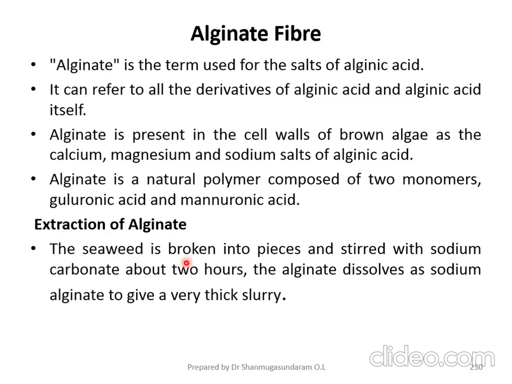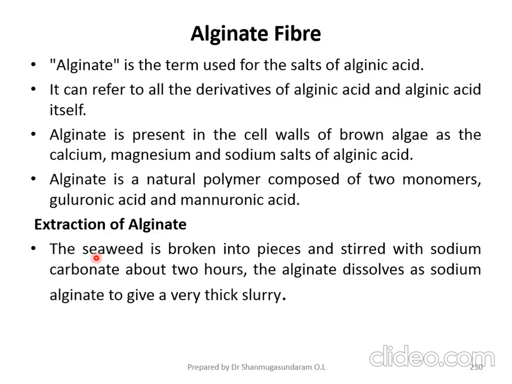The seaweed is broken into pieces and stirred with sodium carbonate for about 2 hours. So what will happen while treating with sodium carbonate? The alginate dissolves as sodium alginate to give a very thick slurry. So finally you will get a highly viscous solution.